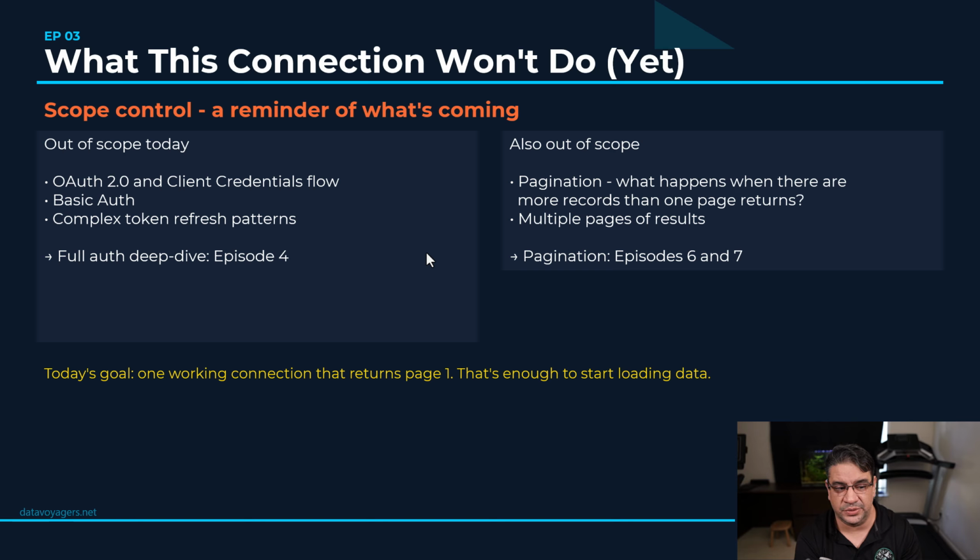It's like a user and password, and the complex token refreshes are part of the OAuth authentication. So we're going to see more about that in episode 4, which is the next one. And pagination, I'm also not including this one, but we are going to handle pagination in episodes 6 and 7. Okay, so everything that we see here today is enough just to connect to the REST API and start seeing some data. Okay, that's all you need for now.